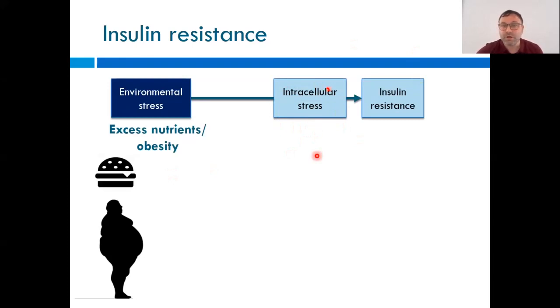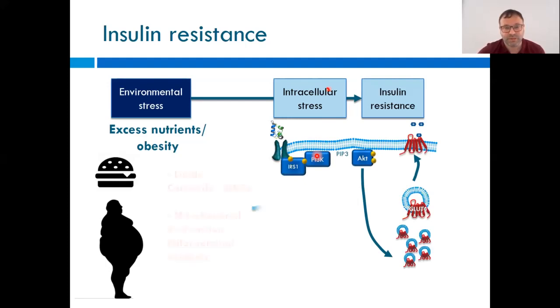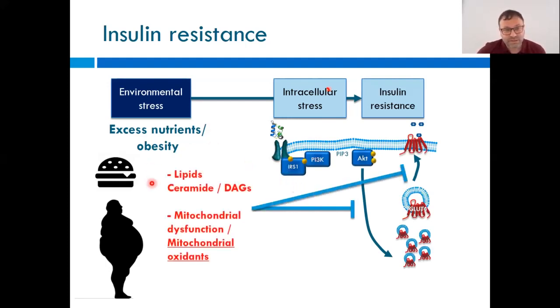A number of these have been proposed, but the most commonly cited ones are probably lipotoxicity, so this is the accumulation of toxic lipids within cells, for example ceramides or DAGs, or changes in mitochondrial function, namely mitochondrial dysfunction or increased mitochondrial oxygen production. And in some way, the accumulation of these stresses within the cell interferes with either insulin signaling or GLUT4 trafficking.